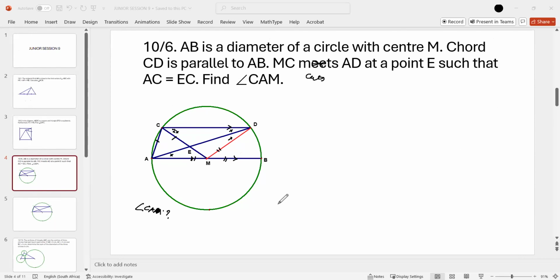Okay, now can anybody tell me any other angle in this picture? Come on, the quicker you answer, the faster we will go.